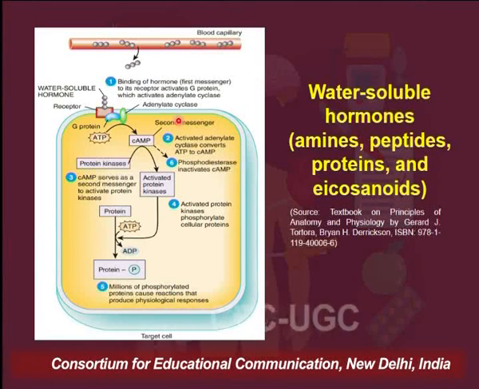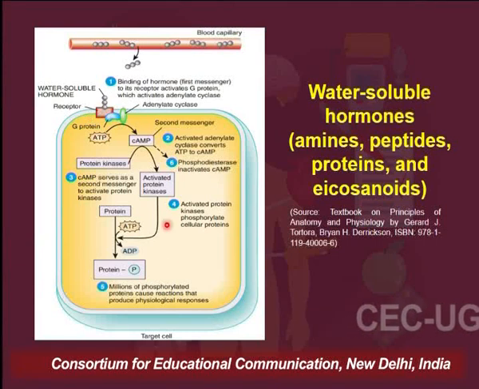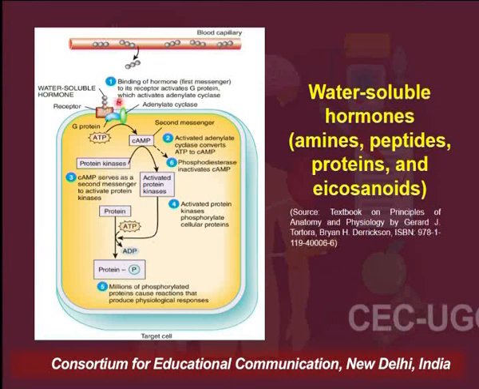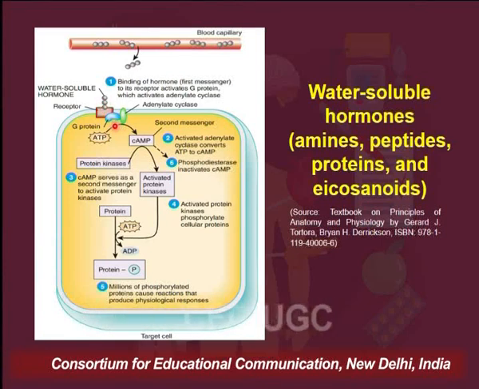So let us first understand the mechanism of action of the water soluble hormones, which includes our amines, peptides, proteins and eicosanoids. So in this figure, what you can see here is that from the blood capillary the hormone is traveling, and now there is a target cell which is expressing a specific receptor for this hormone. Now as soon as the hormone binds to its receptor, there would be the proteins present on the inner side of the cell.